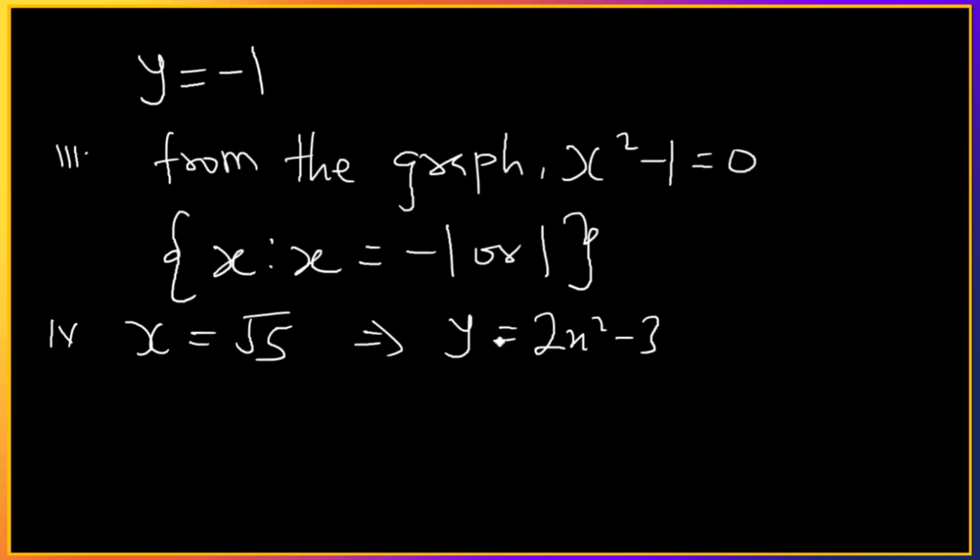And what we are placing emphasis on is the coefficient of x squared. But before that, the equation given here was x equals root 5. So this is a linear equation and this is a quadratic equation.